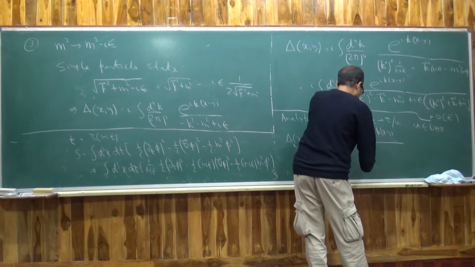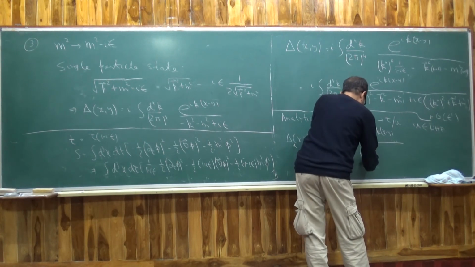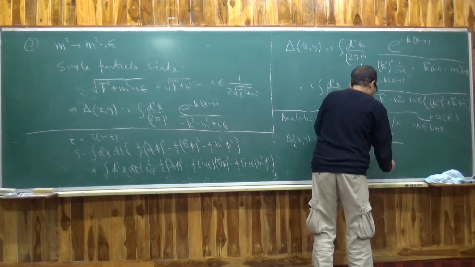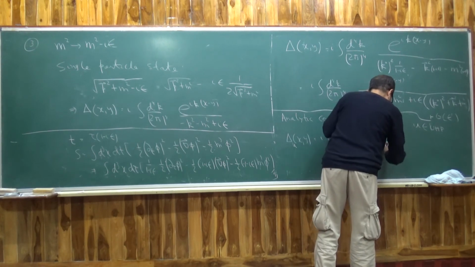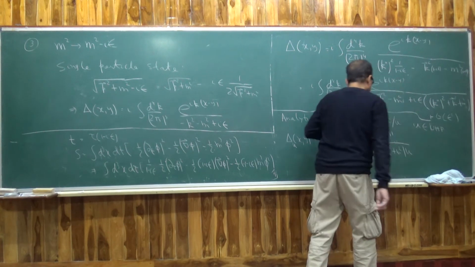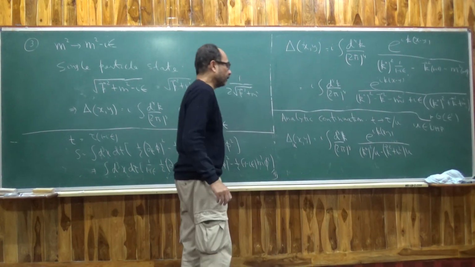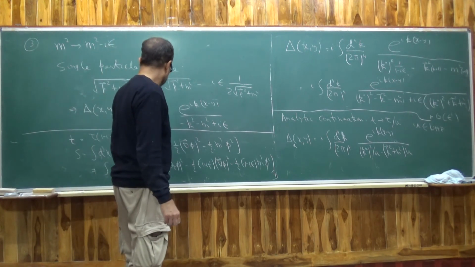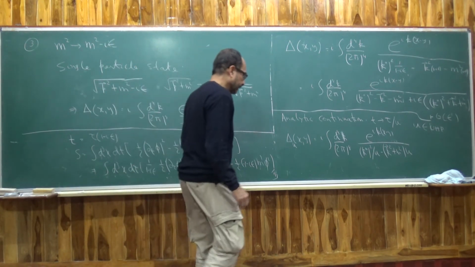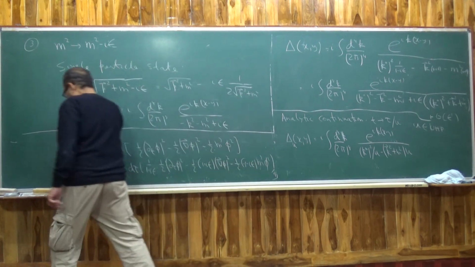Here you will get k0 square by u minus k square plus m square times u. Basically the 1 minus i epsilon. Is that? No, sorry, it's the other way. It's the other way.